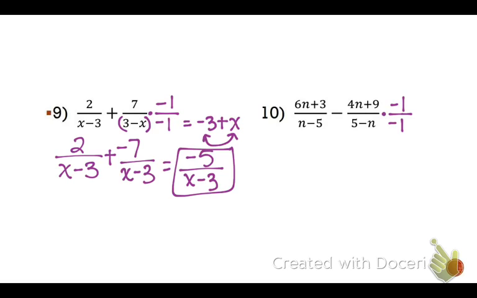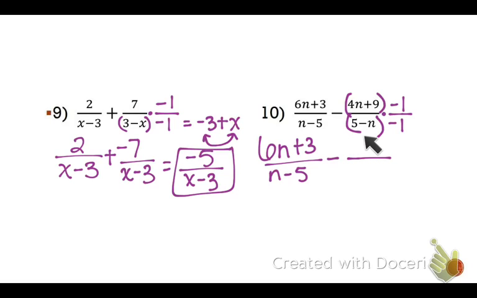So we've got the same first fraction, same exact one, keeping that minus sign. Now, when I multiply by a -1 on the top and the bottom, my denominator changes to match.